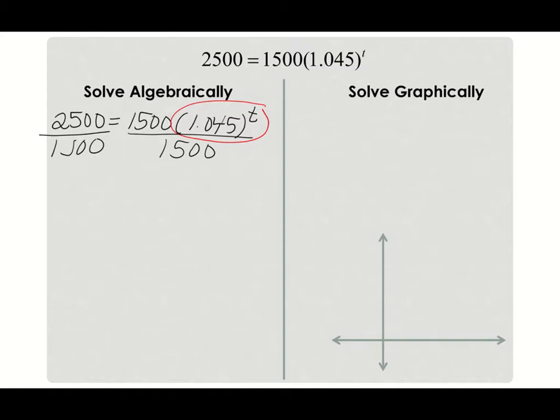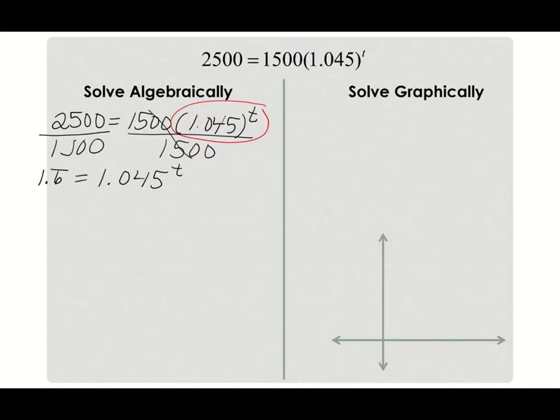So I have 1.6 repeating. Now I want to save this value in my calculator so that I get a more exact value. Now if you round, you're going to get close to the right value, but it might be slightly off. So leave that in your calculator. And when I divide, this cancels, and I have 1.045 raised to the t power.